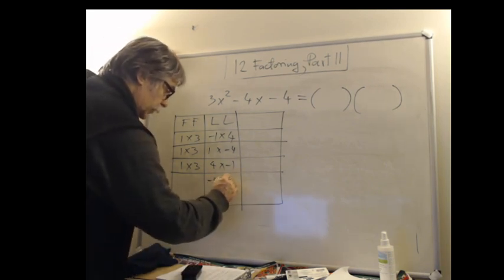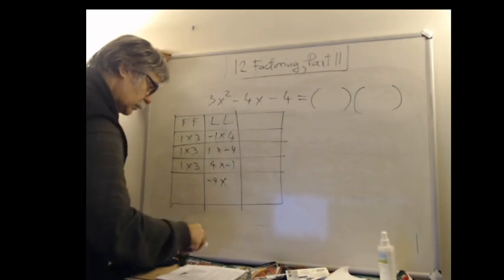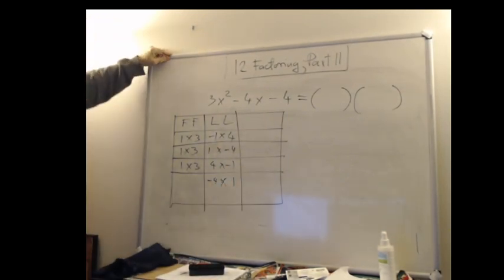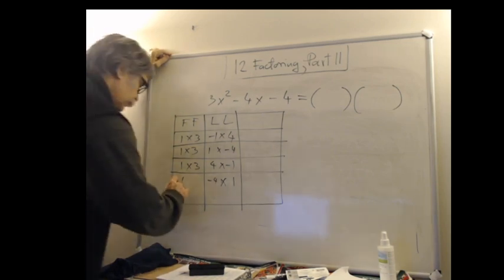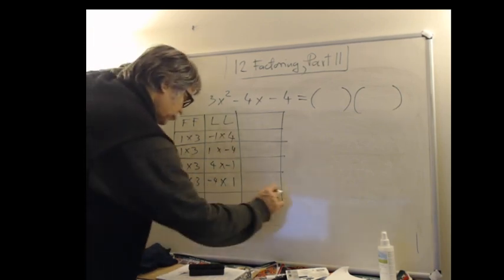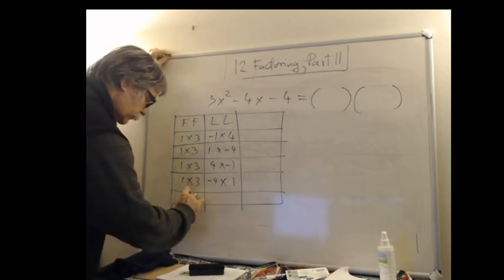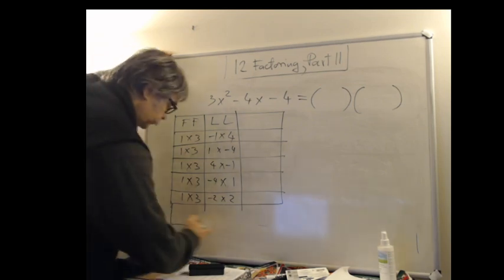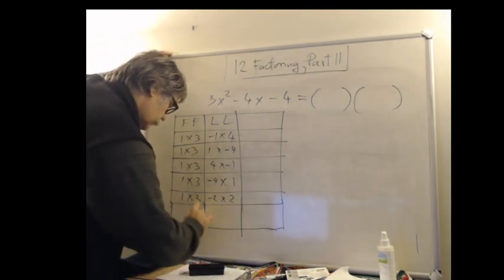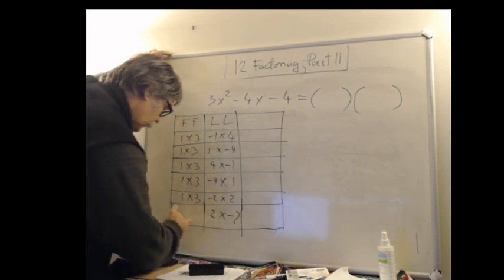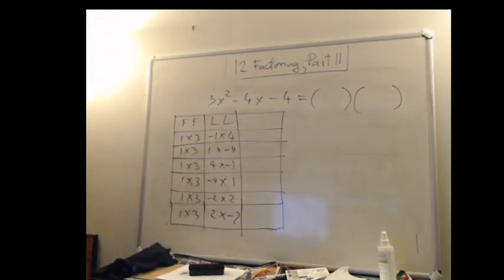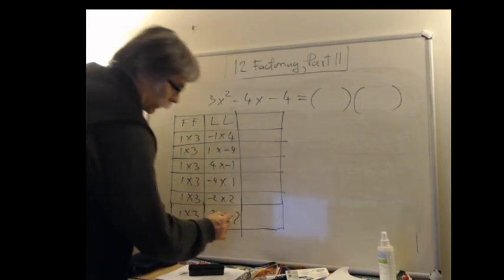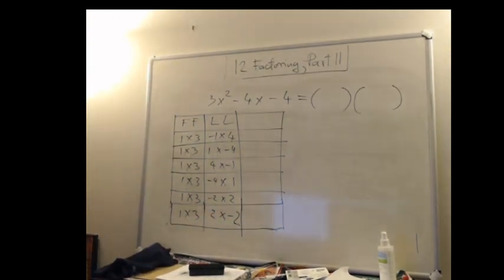And positive 1. Tired? And that's not all. More. You can also get 2 and 2. Negative 2 and 2. Or 2 and negative 2. All different. Okay? That's the trouble with signs.